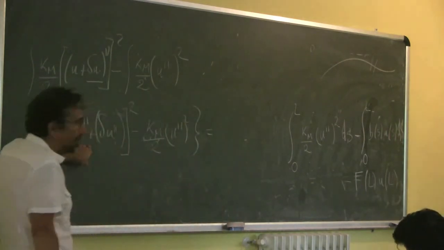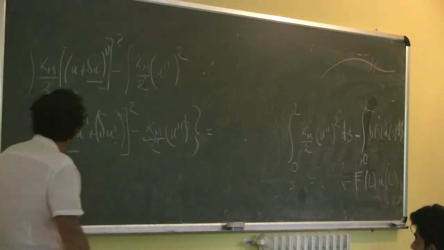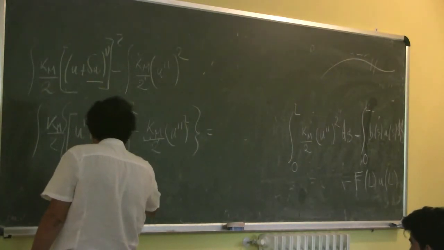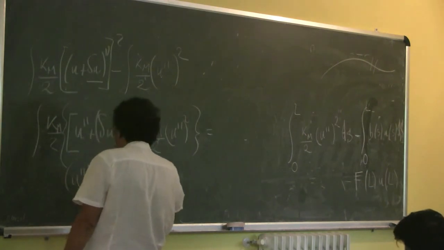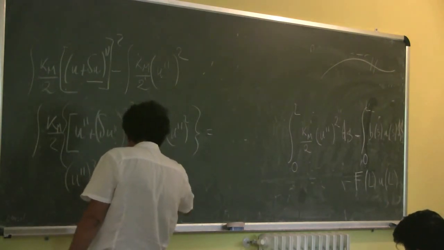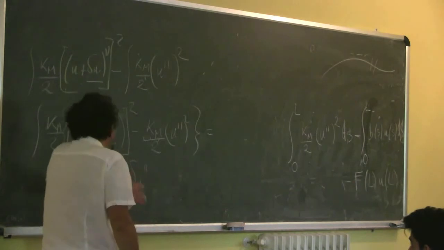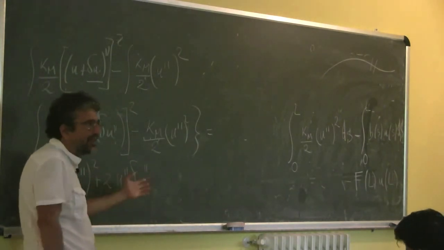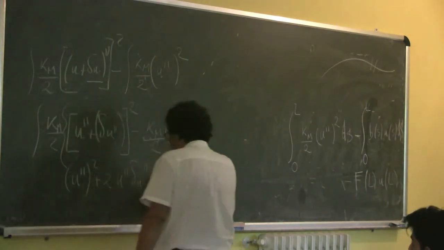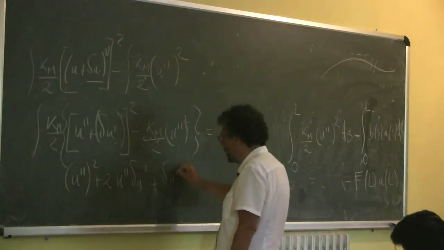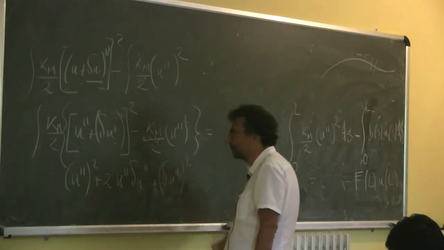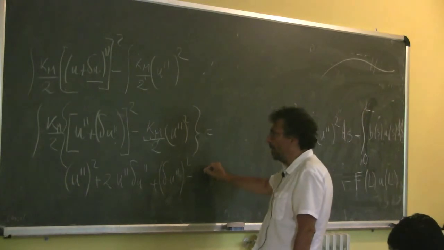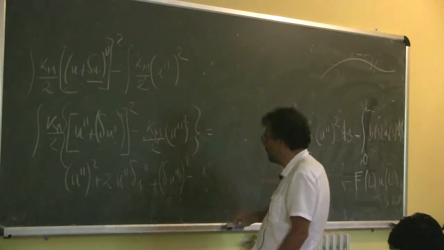Now I go and develop this square. So I have u second square plus 2u second delta u second, and now I don't write the brackets because delta and the second derivatives are commuting, plus delta u second square minus u second square.